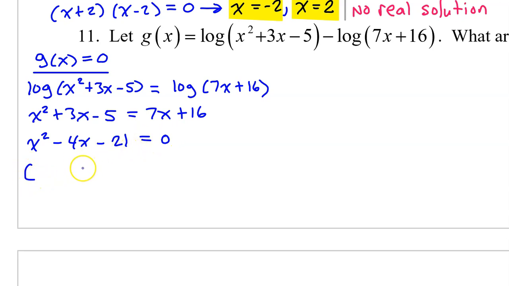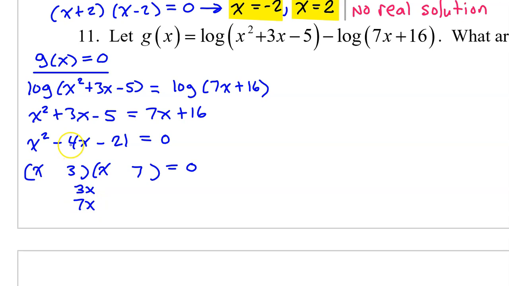Hopefully this will be factorable, so I don't have to use the quadratic formula. x squared will factor as x times x. 21 will factor as 3 times 7, or 1 times 21, but let's go with 3 times 7. Inner plus outer must equal the middle. Inner I have 3x, and outer I have 7x.